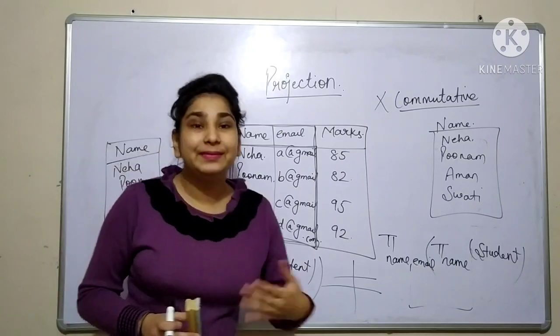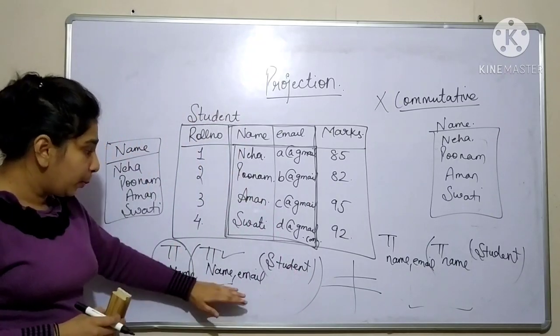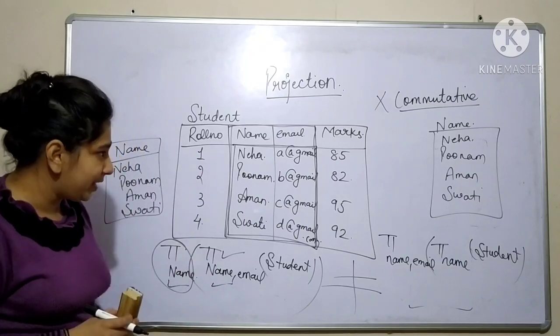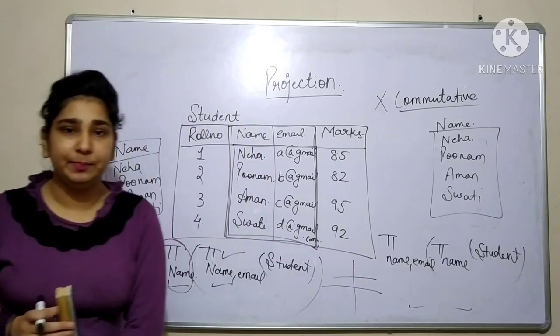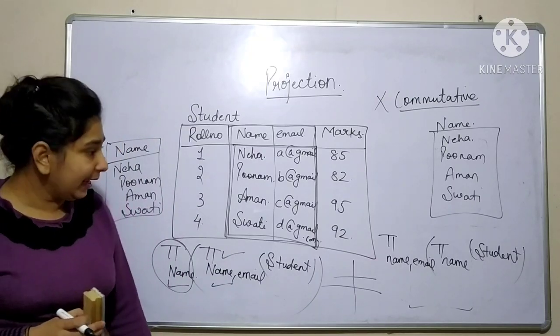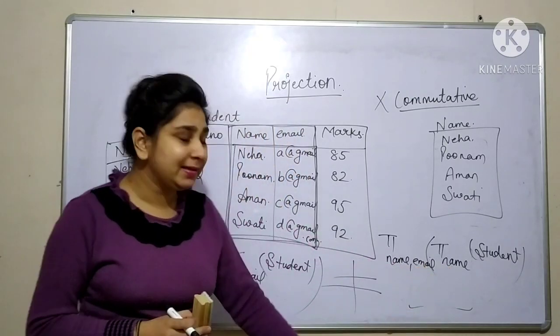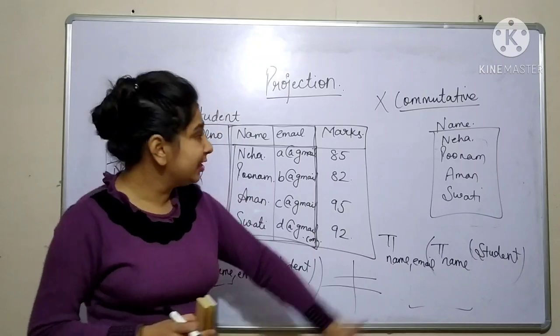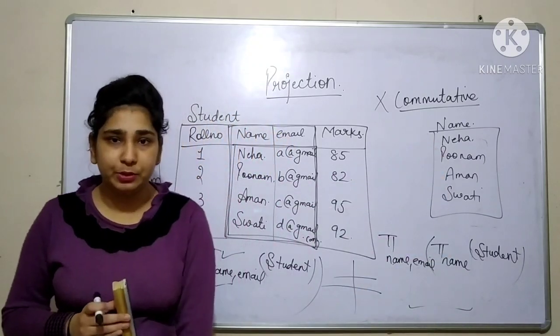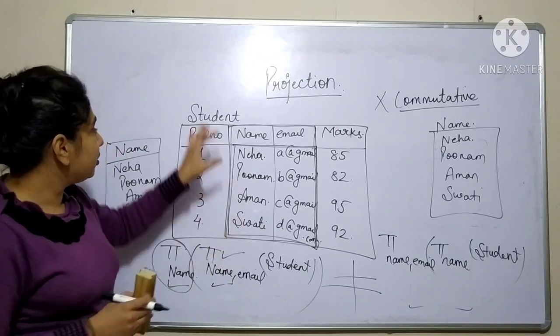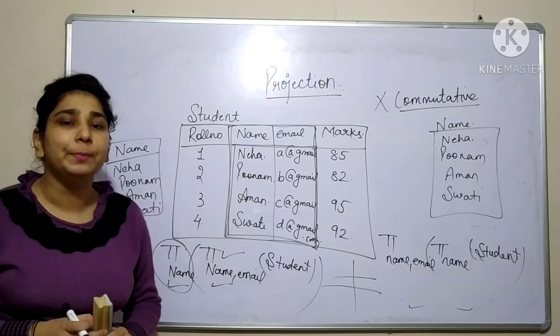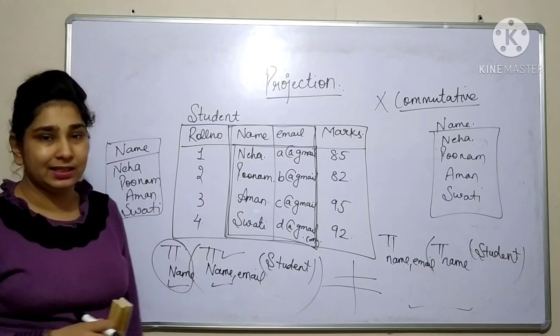So that is the reason why the projection operation doesn't follow the commutativity property. You cannot fetch name and email attributes just from the name attribute.